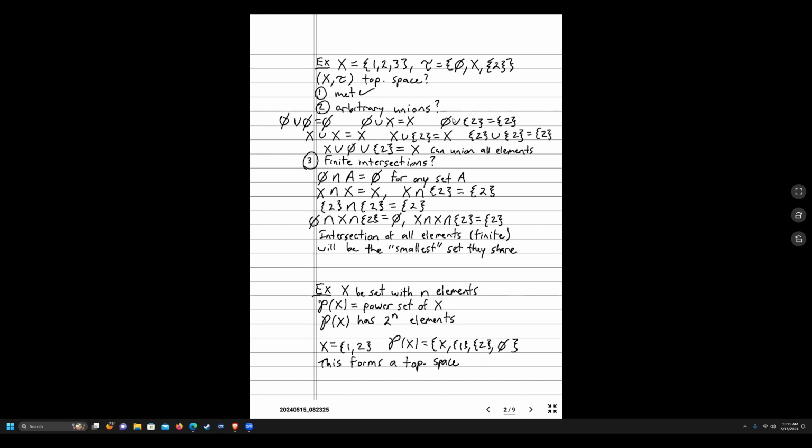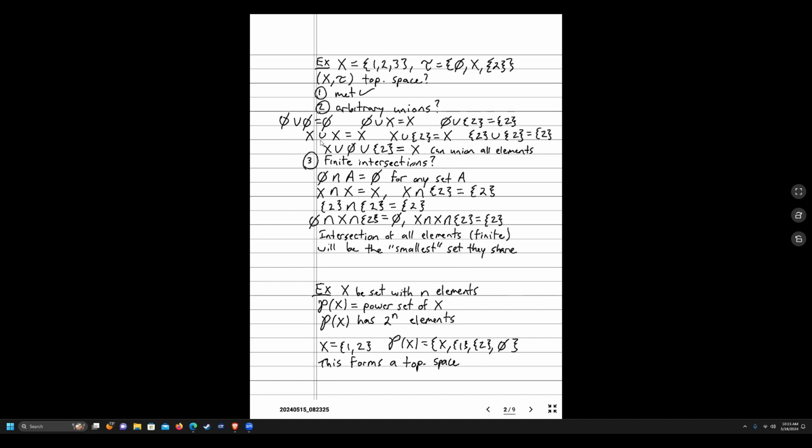Again, anytime you take the empty set union with another set, well, if it is the empty set, it is the empty set, but the empty set union with a non-empty set is just going to give you that non-empty set.